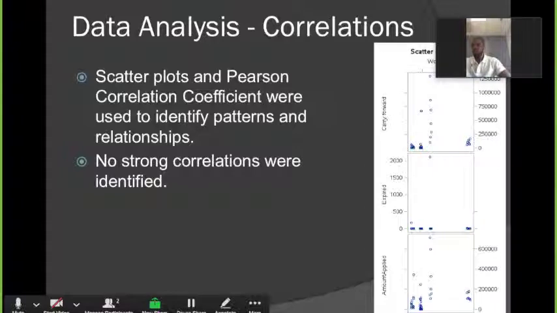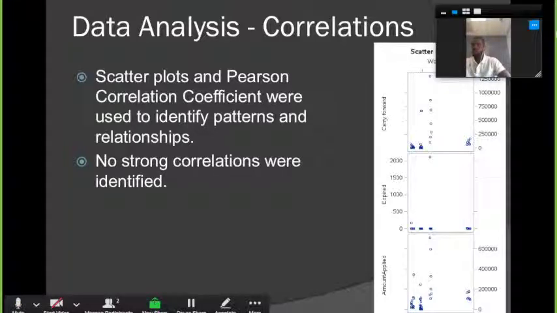The next part of the data analysis process was to look for correlation and to identify patterns and relationships amongst some of the different variables. For the correlations, I looked primarily at some of the tax incentive variables, such as the carry forward amount and expired amount applied, and these were examined to see if there were any patterns or correlations with the overall job growth, as well as the job growth by job sector.